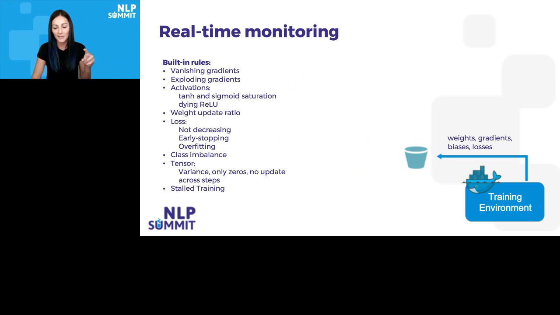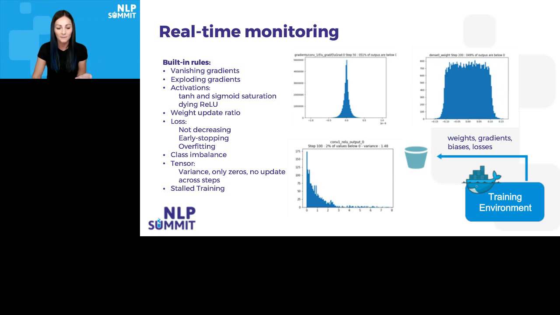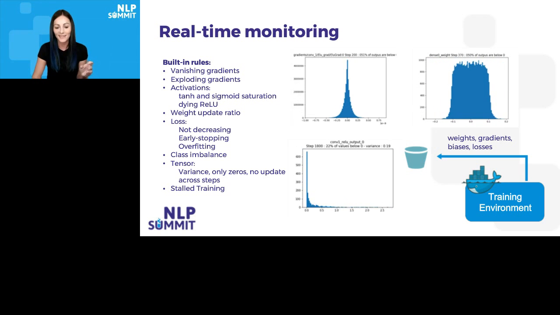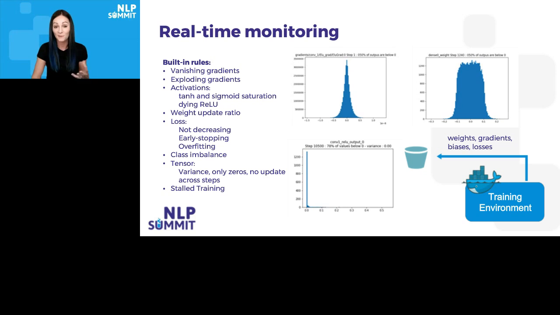So you can basically create hooks into your model training and then see and plot, for example, gradients. So you can see the distribution, and if you have a vanishing gradient problem or exploding gradients, activations, losses, etc. So this is what we're going to try now to do with our BERT model. All right, let's jump into the demo part.